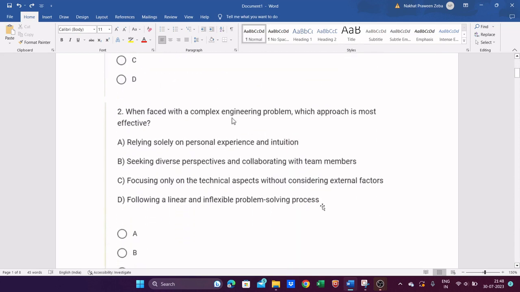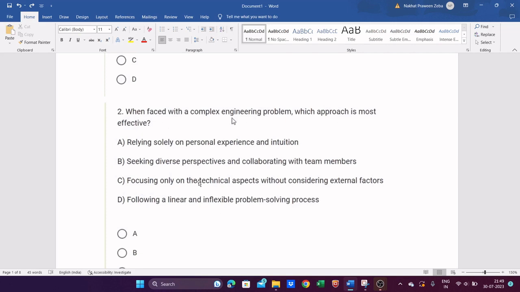Next is, when faced with a complex engineering problem, which approach is most effective? Some scenario based question. Read each and every option one by one. Relying solely on personal experience and intuition. Seeking diverse perspectives and collaborating with team members, it can be. Then focusing only on the technical aspects without considering external factors, no. We need to see the external factors also, and what the outcome will be.